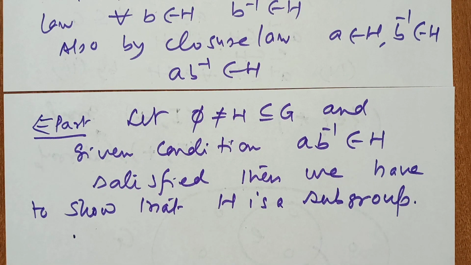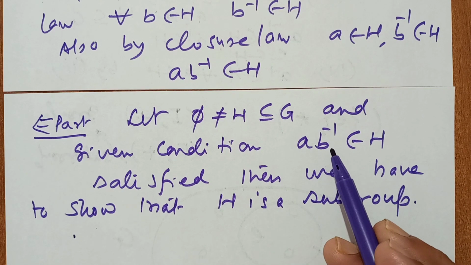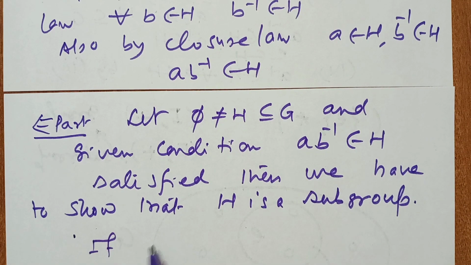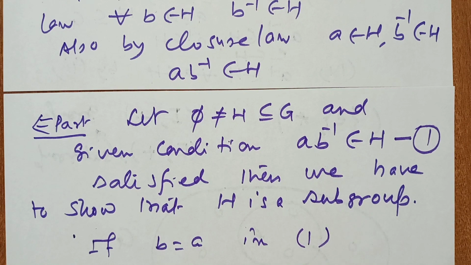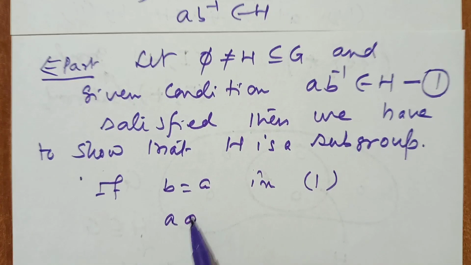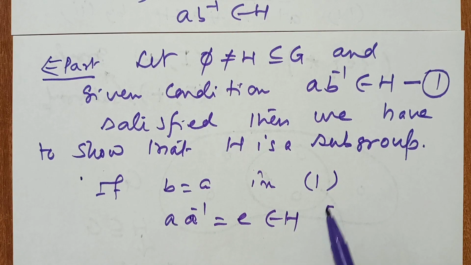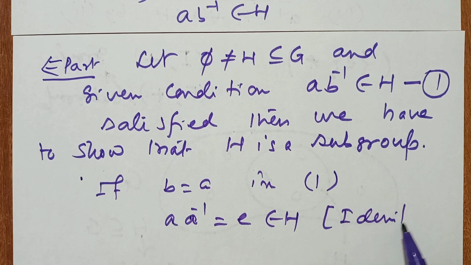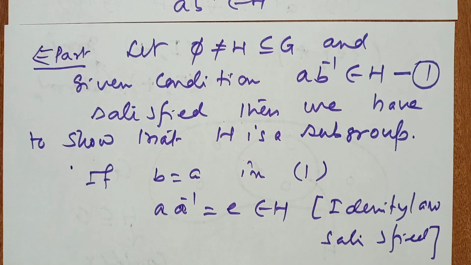There is no necessary order. Okay, so first, in the given condition, if we put B equal to A, then A A inverse is equal to E, which belongs to H. Okay, so the identity axiom is satisfied. Now we have proved the identity law.